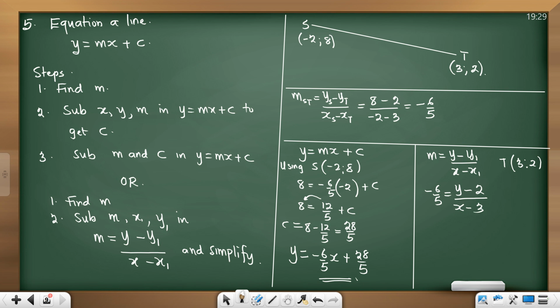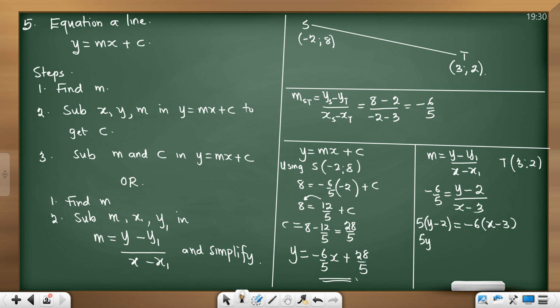Let's cross multiply, everybody. So we have 5 into y minus 2 equals negative 6 into x minus 3. I hope that makes sense.